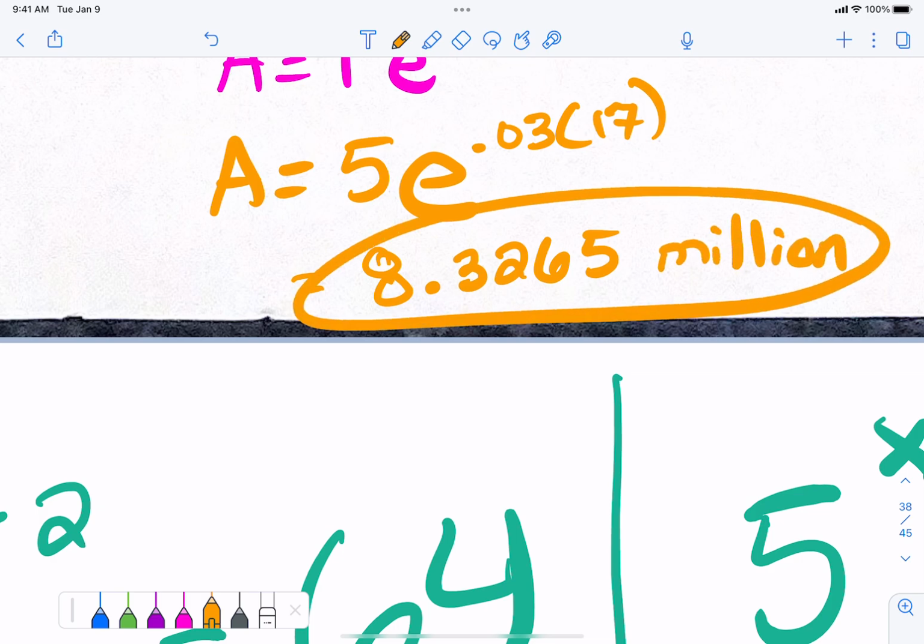So that many million, which seems appropriate. 5 million is going to turn into 8 million in 17 years. We are definitely not growing as fast as the bunnies, for sure, right? But 5 million is turning into 8 million. It's still a growth. Got it? Questions about that? Okay.